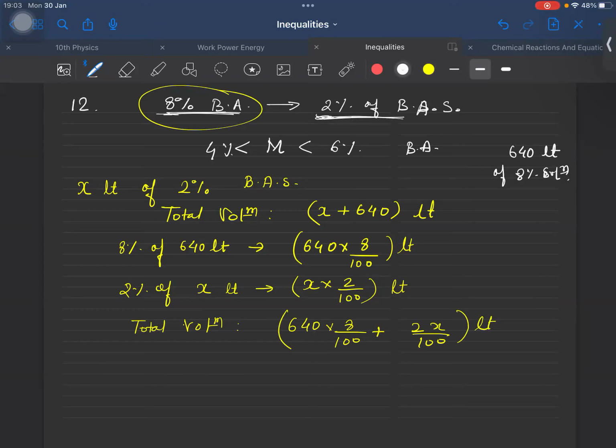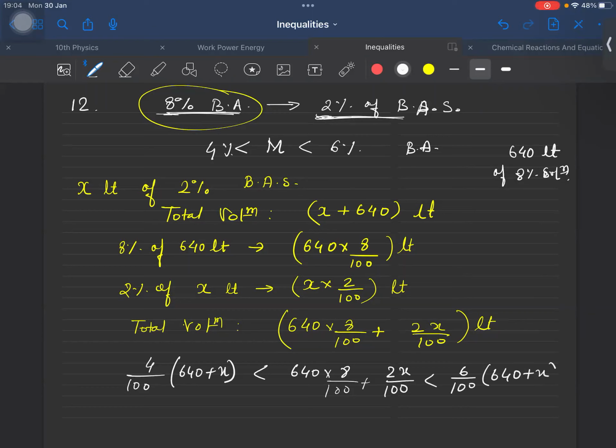Now it is given that it should be greater than 4% and less than 6% of the total solution. So 4% of the total solution is 4 upon 100 into 640 plus x, which should be lesser than 640 into 8 upon 100 plus 2x upon 100, and that should be less than 6 upon 100 of 640 plus x.